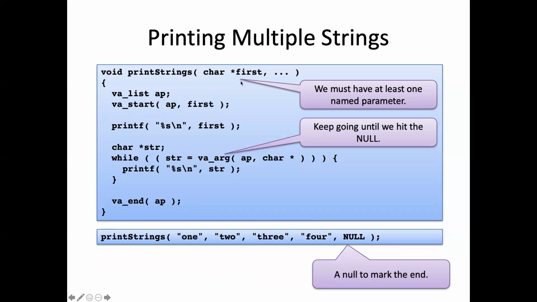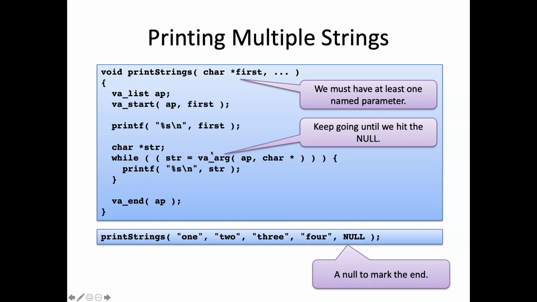This function, I still have to have a named parameter. I called it first. But then after that, you can pass in as many strings as you want. I get ready to parse the var args. I set up my state to parse everything after first, but I better print the first string before I print any of the others.